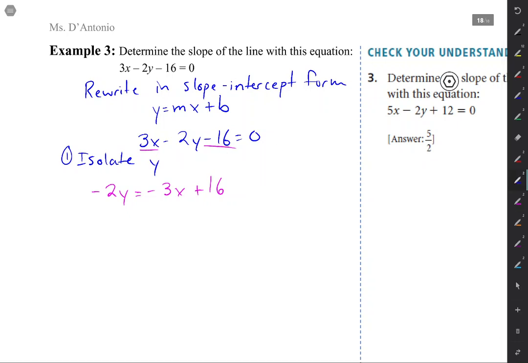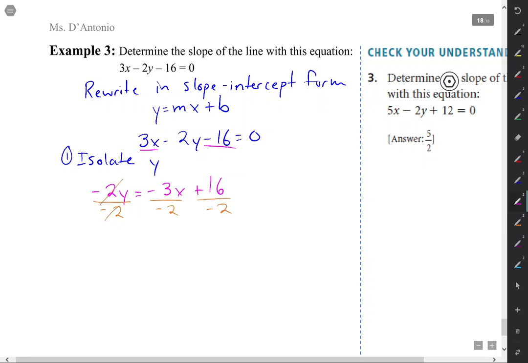Now we still have to work to get y all by itself, so we need to get rid of this minus 2 out front of it. So we are going to divide everything by minus 2. Now remember, we have to divide every single term by it so that we can get that y all by itself.